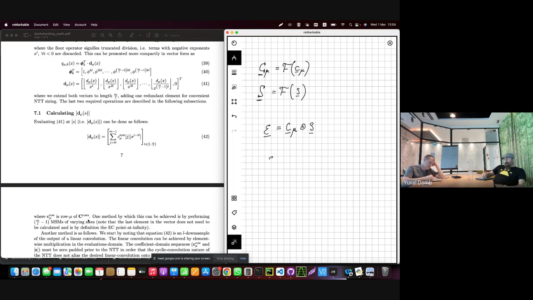But then I would define epsilon hat, and I'm going to completely abuse notation and define this operator fold. It would be a folding of epsilon, meaning that I take epsilon and fold it onto itself, according to the length that I'm interested in, which was 512, and sum it onto itself.